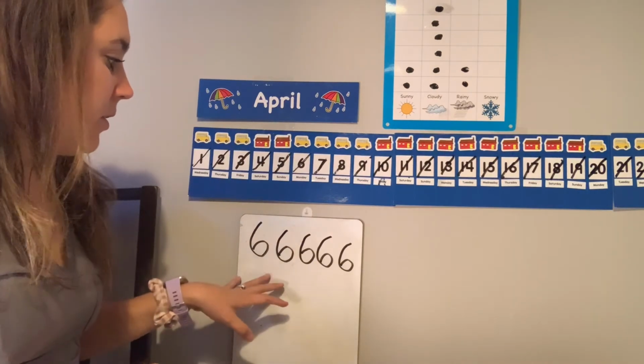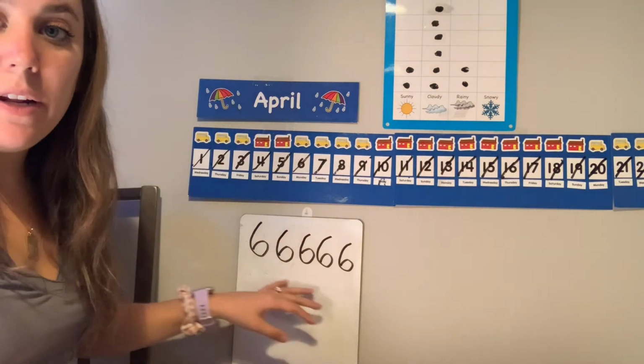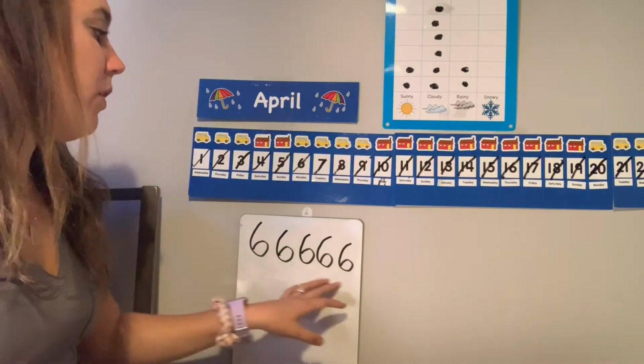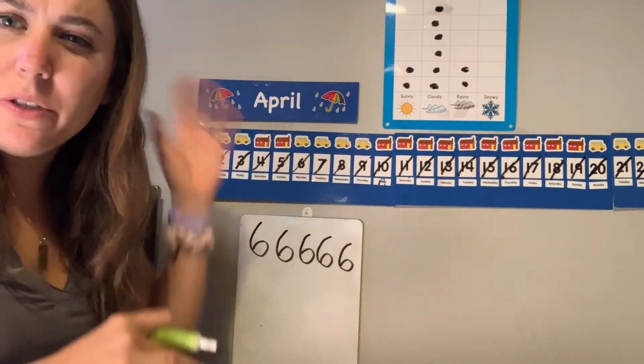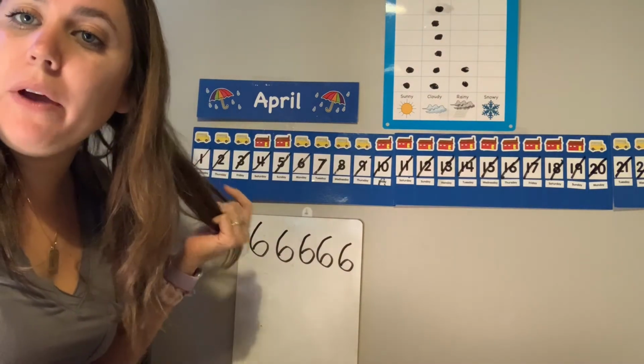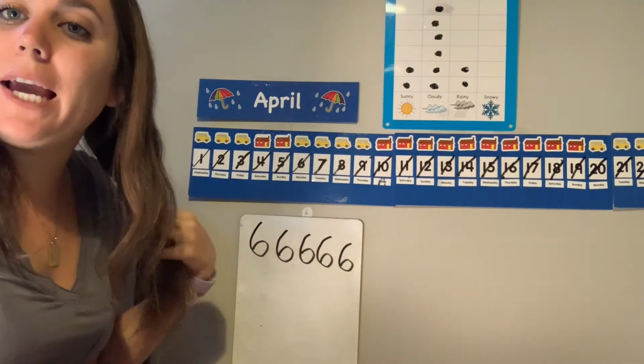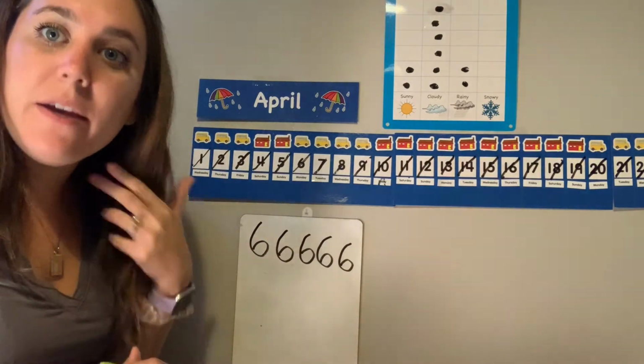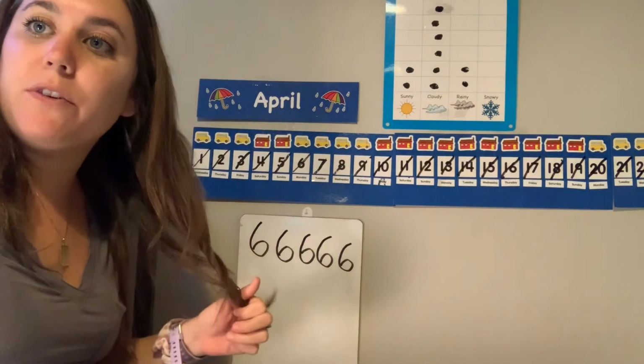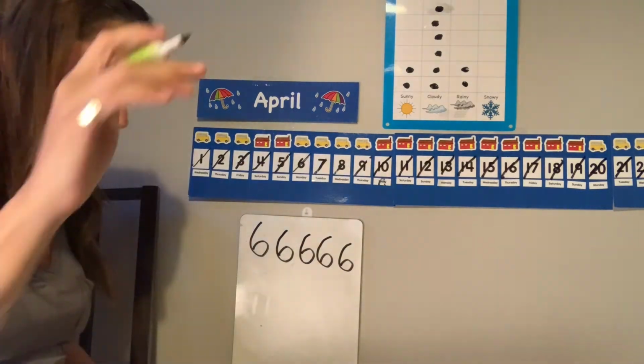Okay, so notice they're not touching. They're at a good distance apart. They're sort of all the same size. You don't want one huge number 6, right? Okay, so we are going to get started. I want you to say it with me. I want you to pinch and pull up and listen for the music and get ready to go.